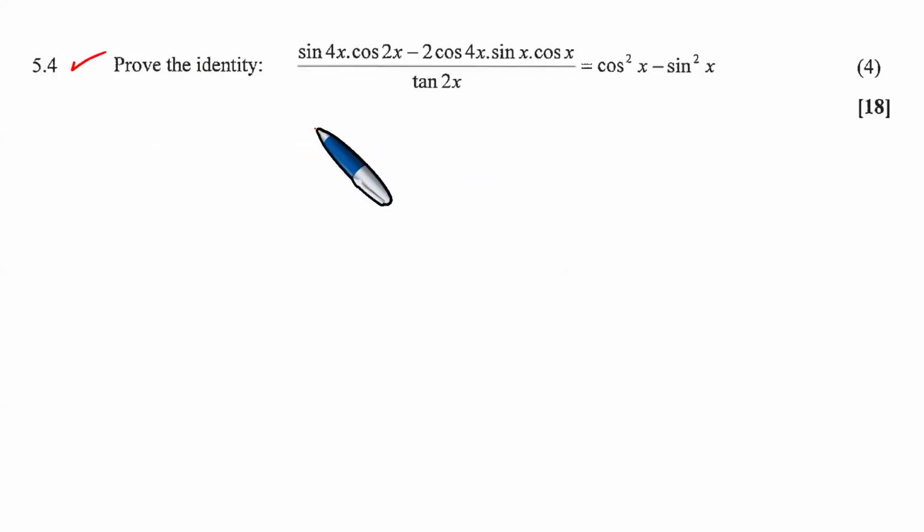Just to take you up to speed, to familiarize you with the question: we have been given sine 4x times cosine 2x minus 2 cosine 4x times sine x times cosine x, all divided by tan 2x, equals cosine squared x minus sine squared x. So what do we do here?